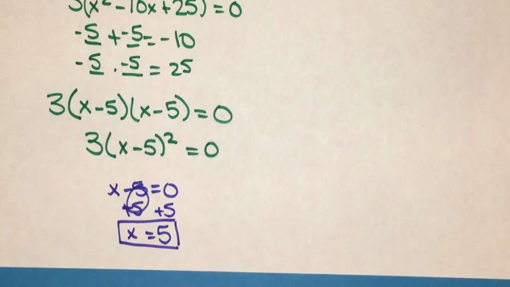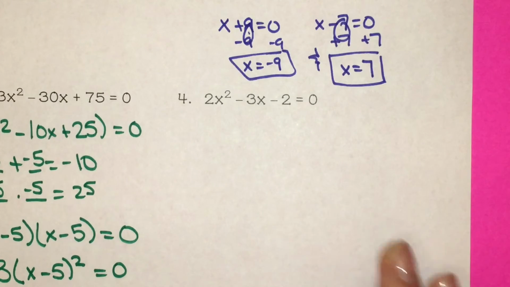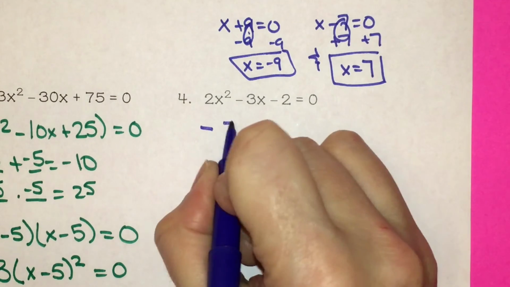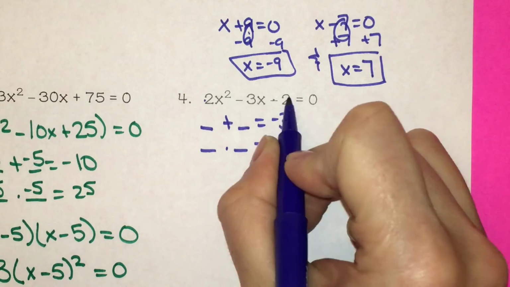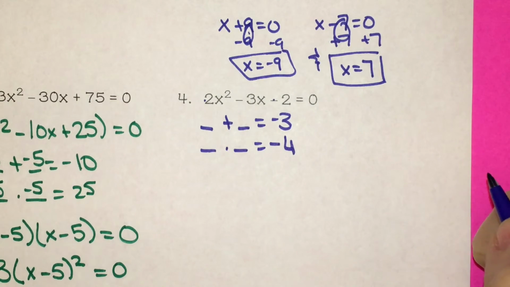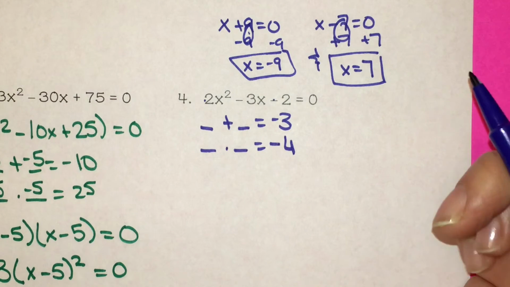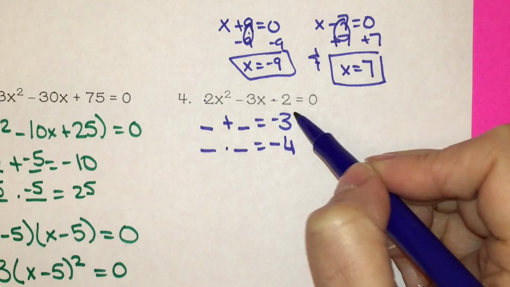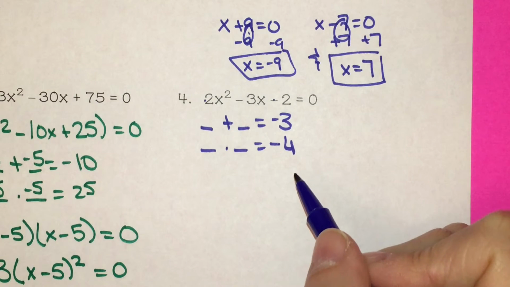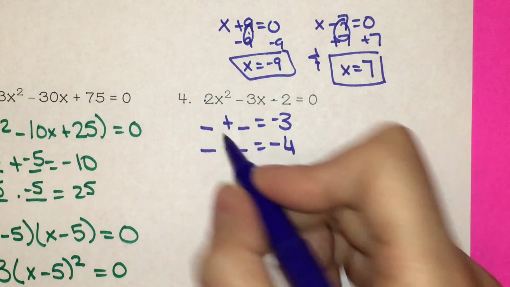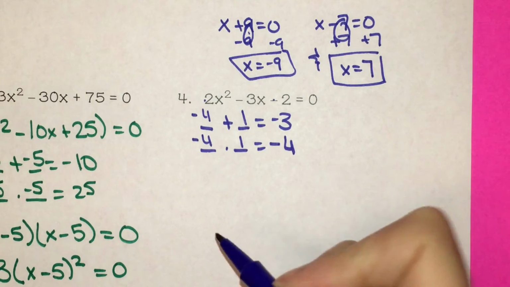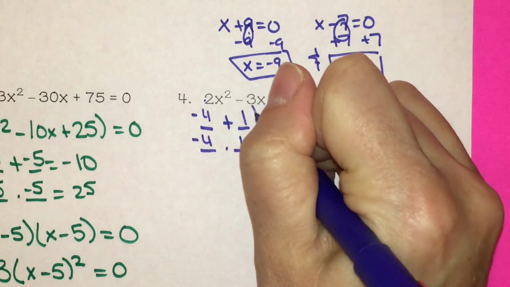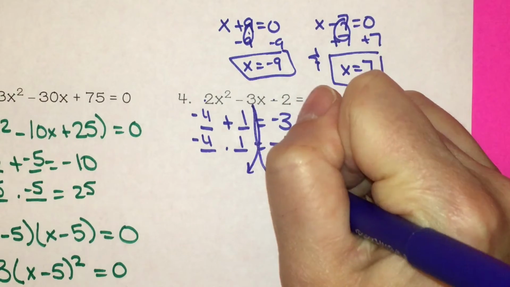All right, last one. I have to figure out what I add together to equal negative 3 and multiply together to equal 2 times negative 2, which is negative 4. So we have negative 4 and positive 1 work, and that helps me break down that middle term.